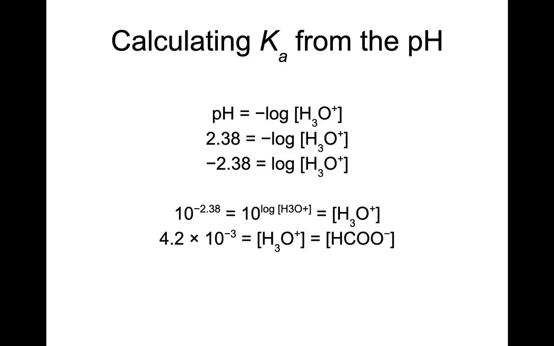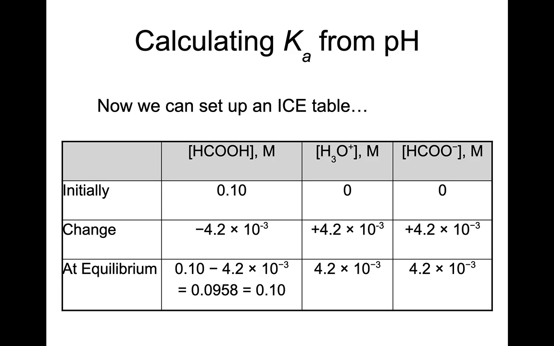Let's put it into a table so we can see it clearly. So we'll set up an ICE table just like before: initial, change, and equilibrium concentrations of our reactant and our products. So we started, this was a given number, we started with this initial concentration of formic acid.